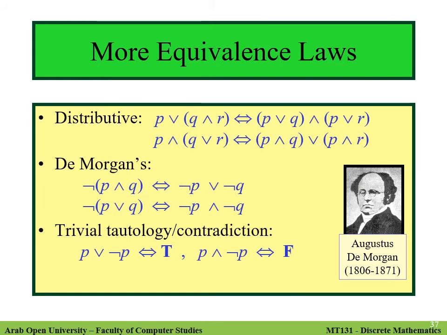Not (P or Q) is equivalent to not P and not Q. Here the OR becomes AND and we apply the negation to each proposition. The tautology and contradiction examples we started with give us two more formulas. P or not P is equivalent to a tautology. P and not P is equivalent to a contradiction.